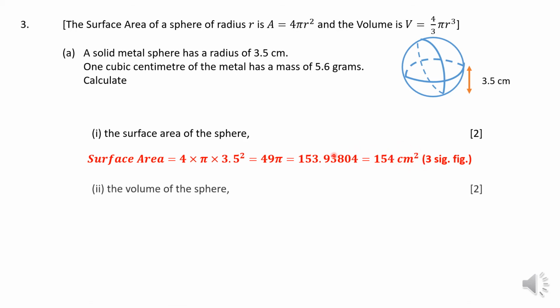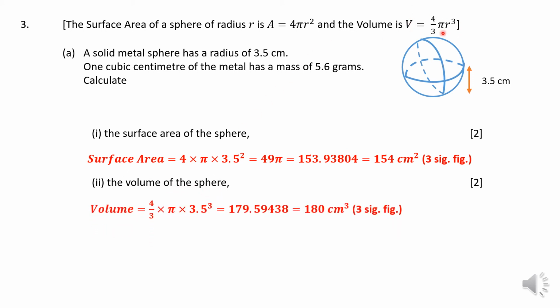The second one is they want you to find the volume of the sphere. Again, no problem here. You just use the formula to calculate the volume of a sphere with the radius of 3.5. Just remember the radius here is cubed, and you punch that in and get 180 cubic centimeters, correct to three significant figures. Now, the mass of the sphere is very interesting. They are telling you that 1 cubic centimeter has a mass of 5.6 gram.